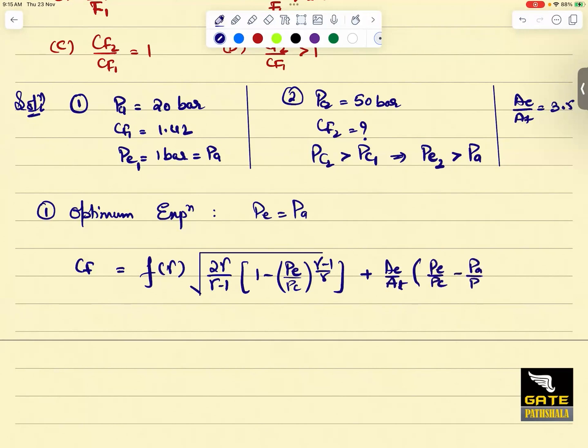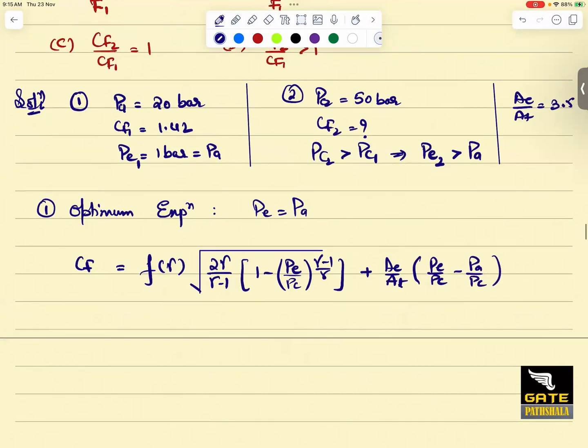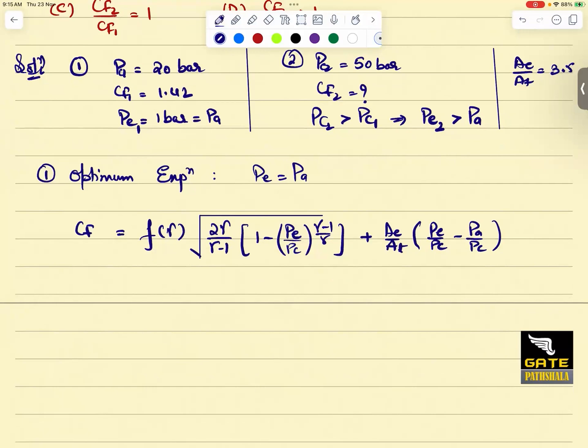Very good. That is the pressure thrust term, and that is the general formula. Let's call this part 1 and this part 2 of the case 1.